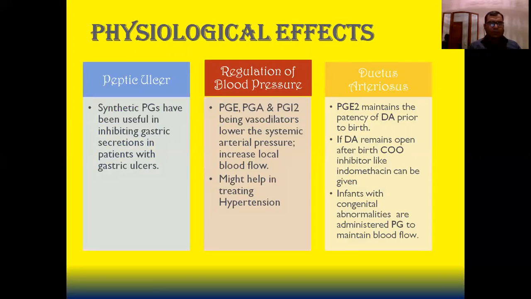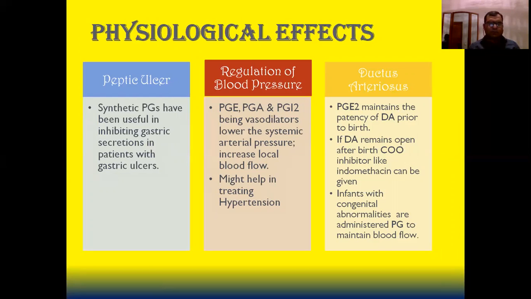Synthetic analogs of prostaglandin have been useful in inhibition of gastric secretion in patients with gastric ulcers. Normal prostaglandin covers the stomach internally and protects the stomach from the destructive effect of acid.